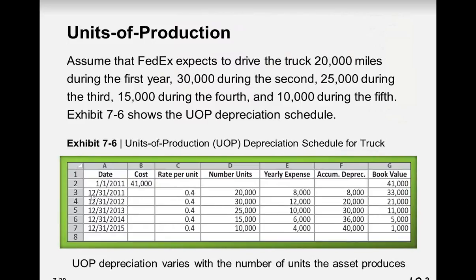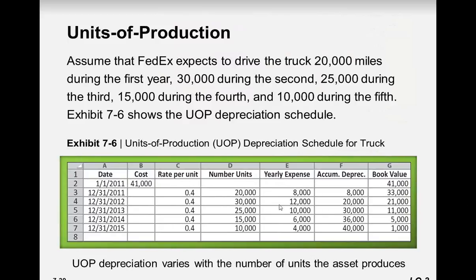Here's an example though. In 2011, we drove the truck 20,000 miles at 40 cents per mile to get our yearly expense of $8,000. First year, our accumulated depreciation is $8,000, and our book value has dropped by $8,000. Year 2, we drove it 30,000 miles for $12,000.